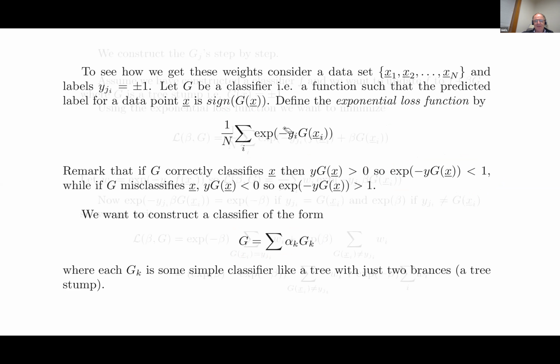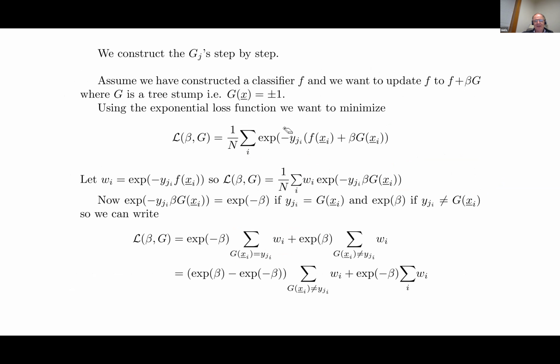So we're going to construct these gJs, these tree stumps, step by step. So let's assume we have done a number of steps. We have constructed some classifier, little f, and we now want to update that to a classifier of this form, f plus beta of g, where g is a tree stump.